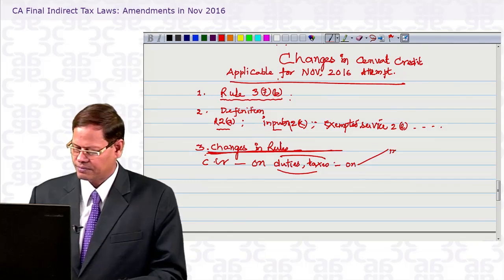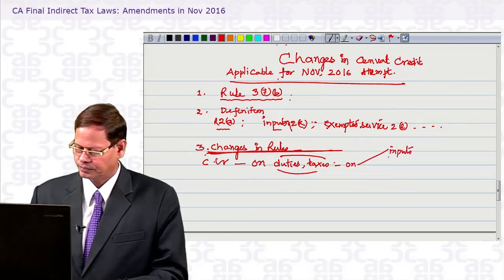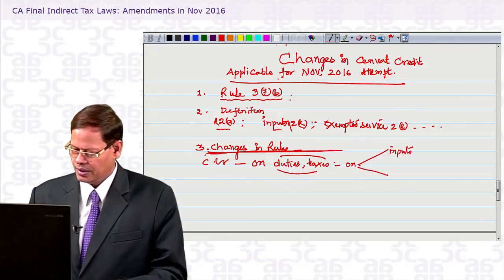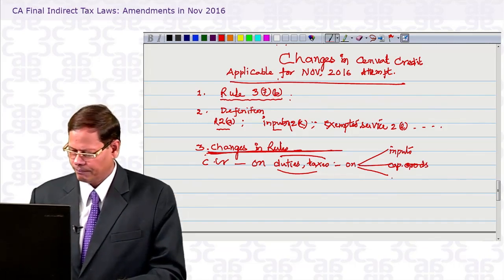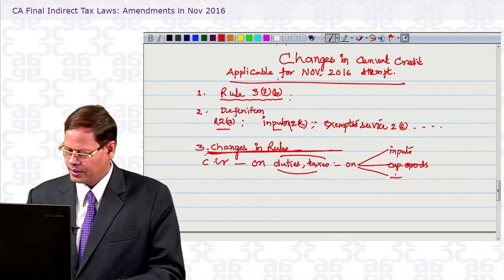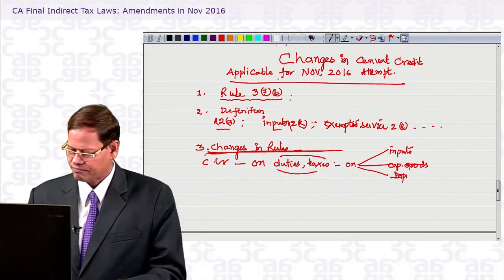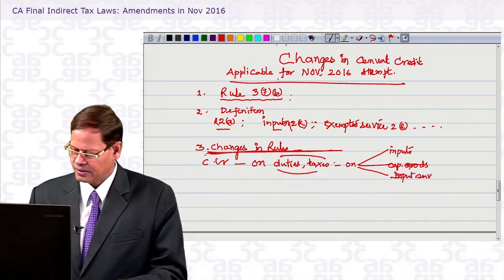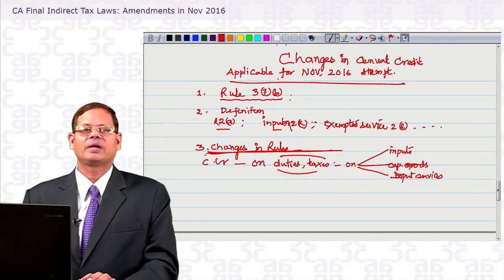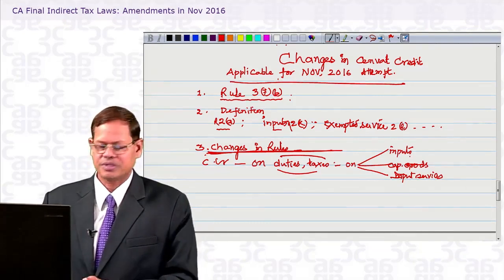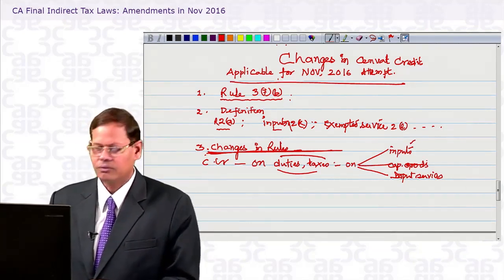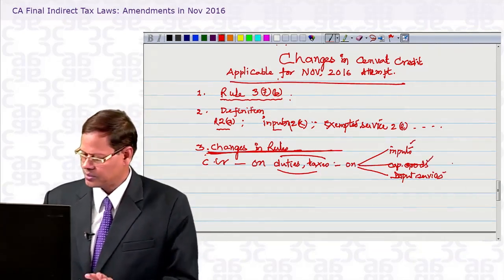number 1 inputs, number 2 capital goods, and number 3 input services, right? This is the preliminary understanding. Everybody knows inputs, capital goods and input services. What is input? Defined. What is capital goods? Defined. What is input services? Defined.